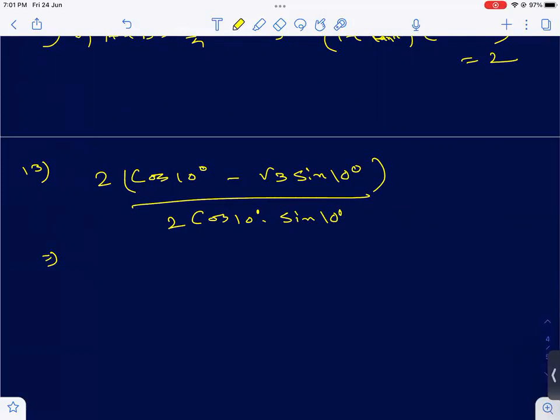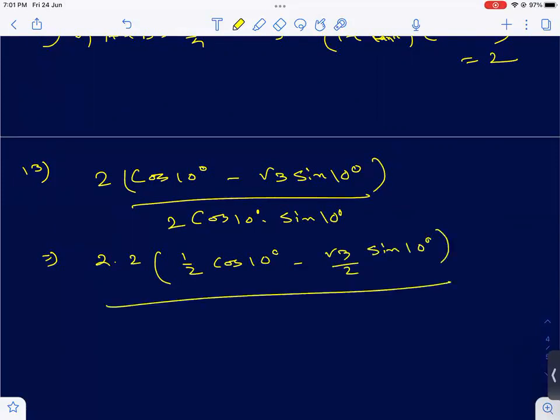Once again divide by 2, another 2, divide by 2: half cos 10 minus root 3 by 2 sin 10. And the denominator 2 sin theta cos theta, sin 2 theta, is a formula of the multiple angle.